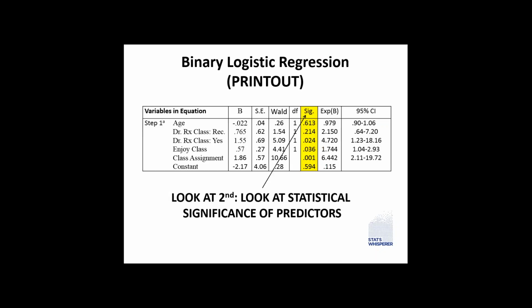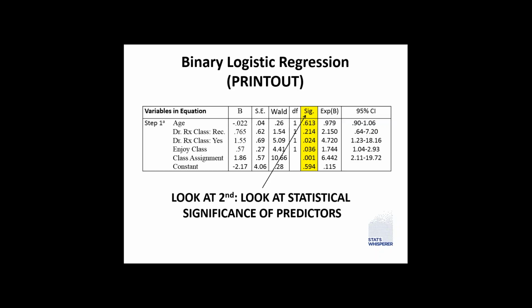Just like linear regression, now we look at the statistical significance of the predictors on the dependent variable. Many times you get conflicting findings, whereas continuous, there are certain predictors significantly related, then when it's dichotomized, different predictors are significantly related. But here, it's all the same.